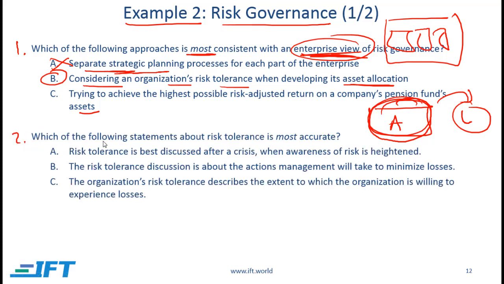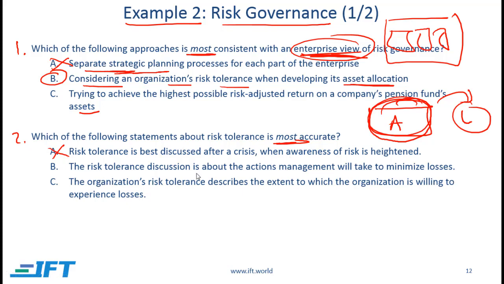2. Which of the following statements about risk tolerance is most accurate? A, risk tolerance is best discussed after a crisis when awareness of risk is heightened. Now, risk tolerance should actually be established before a crisis. So this is not the correct option.